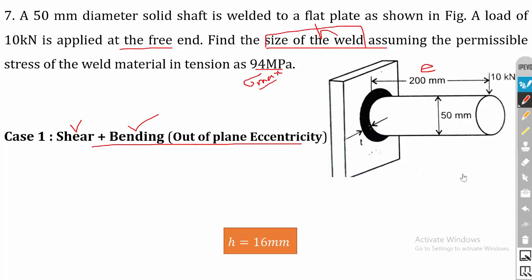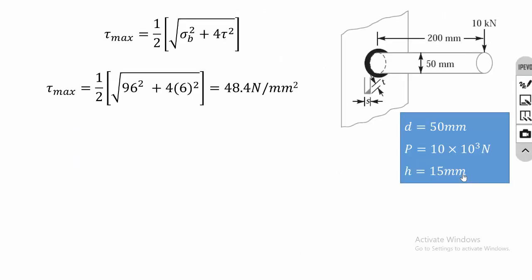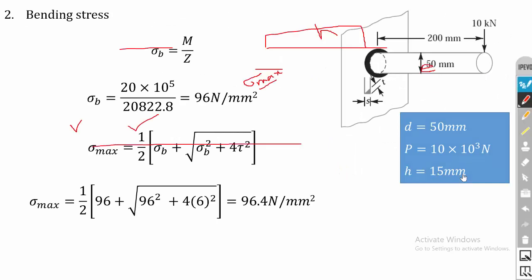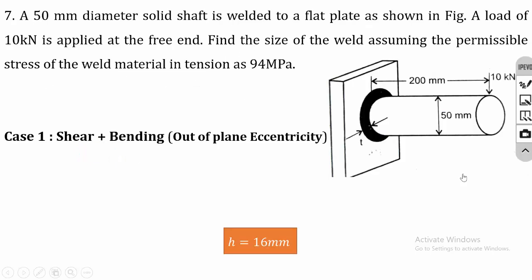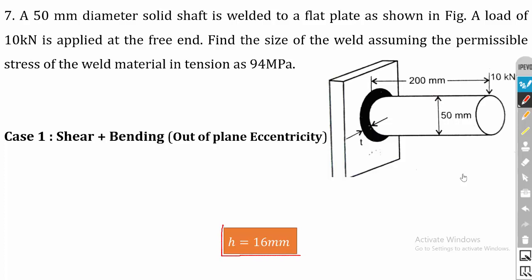Here sigma max is given, so in the equation you can substitute the value of sigma max and you will get sigma B and tau in terms of H, just like the problem we solved in the previous lecture. So you can calculate the H value. So the solution is, the final answer H is equal to 16 mm.